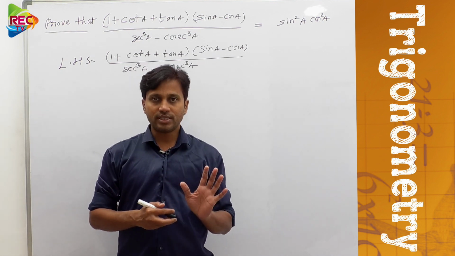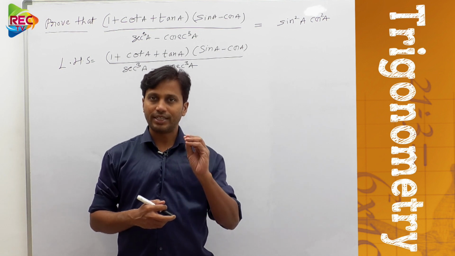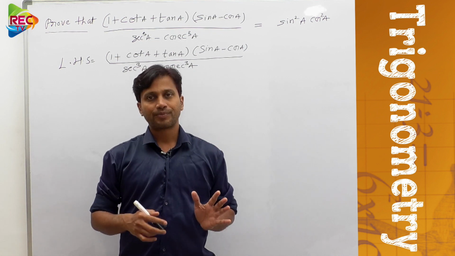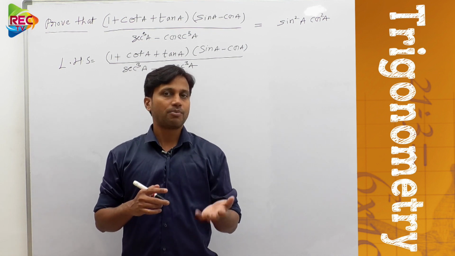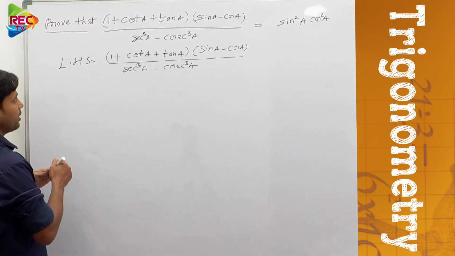In order to solve this, better we convert all the terms of the expression into sin A and cos A, then it will become somehow easy to solve. Anyways, we will do the conversion.